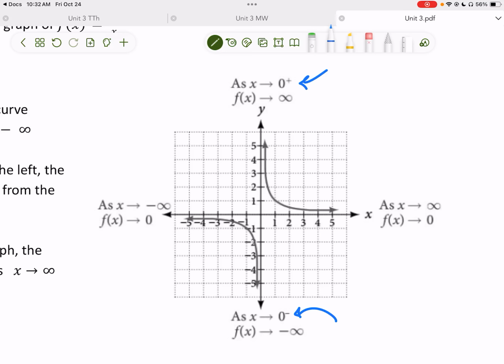The plus sign means we are coming from the right side. So the way that I would say this is as x approaches 0 from the right, which means the minus is from the left.